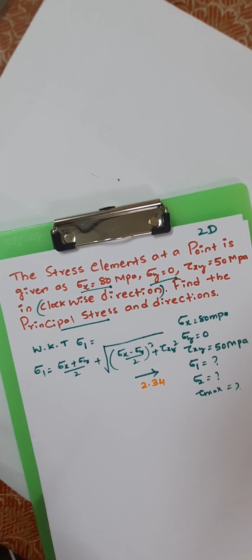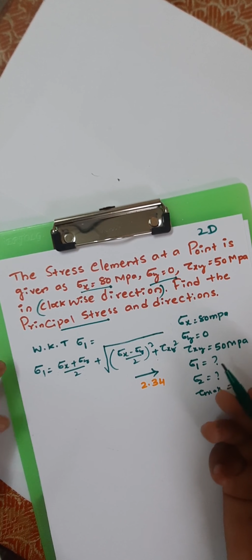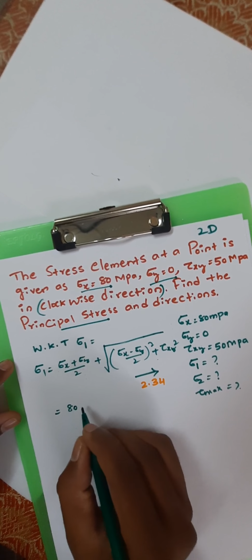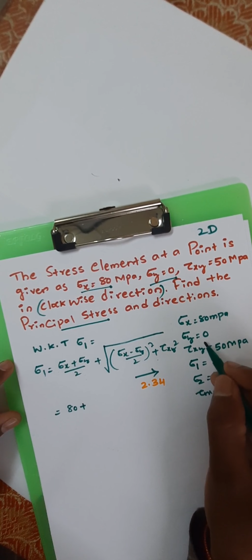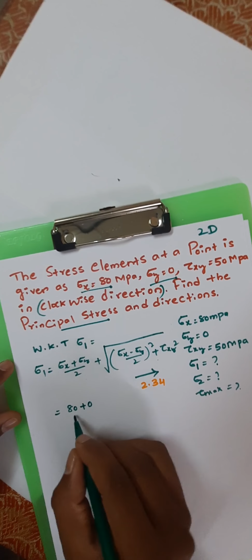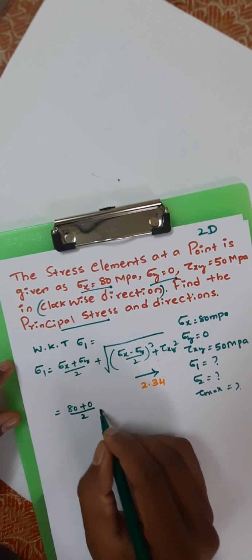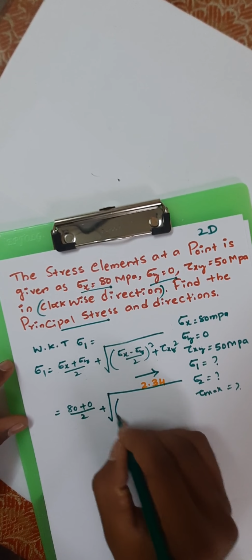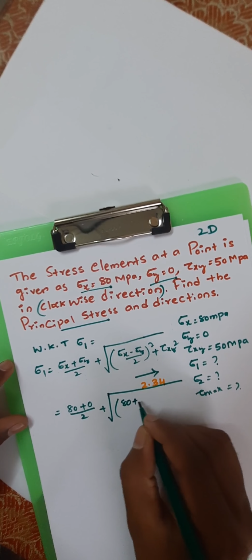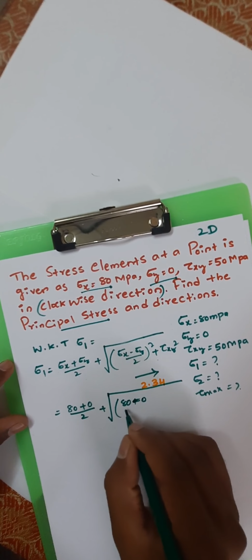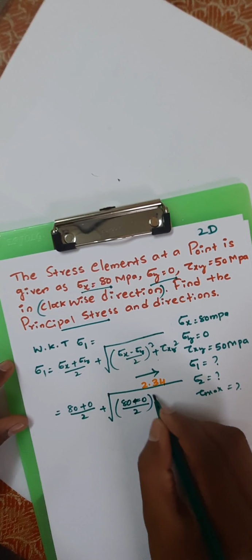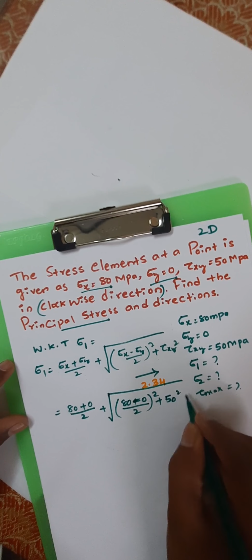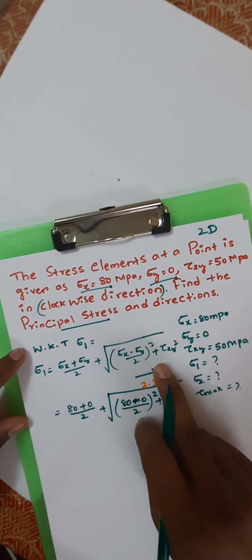If you substitute all the values into this equation, we know sigma x is 80 MPa, plus sigma y, which is 0, divided by 2, plus square root of 80 minus 0 divided by 2 whole square plus tau xy square, which is 50 square. This is the numerical method.